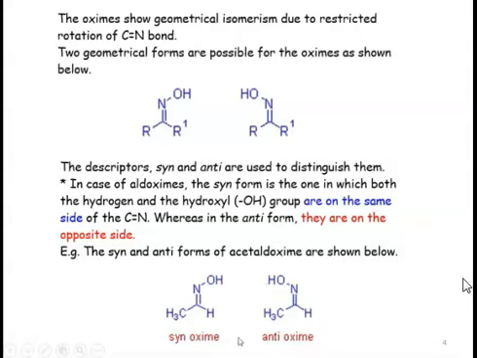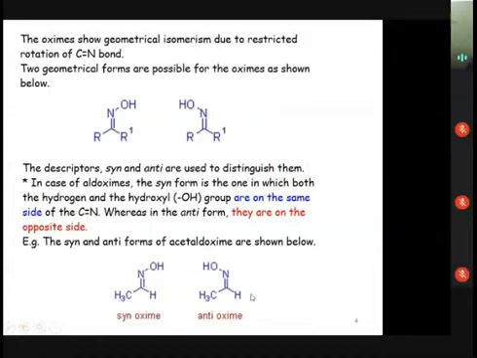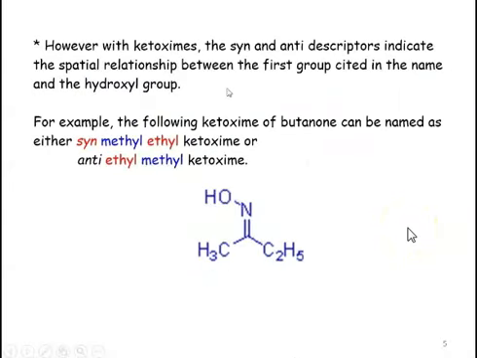Syn and anti-oxime is easy to differentiate in case of aldoximes because one hydrogen is present. If we talk about ketoxime, what will happen? Here instead of H, what has been said here?